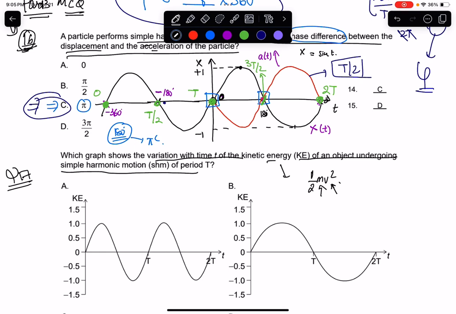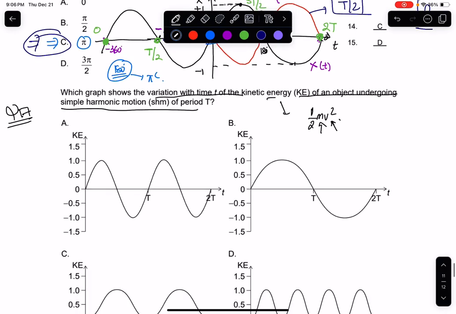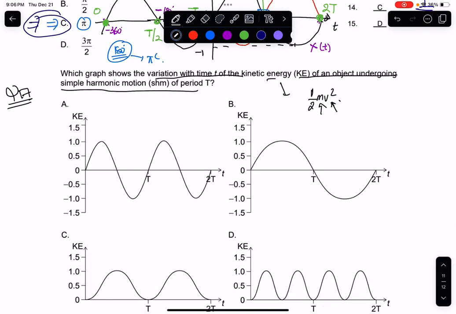If you square a number, you'll get a positive number. You can't get a negative number if you square it. The only way that would happen is with complex numbers, but we're just looking at normal real numbers. So the kinetic energy is going to stay positive.